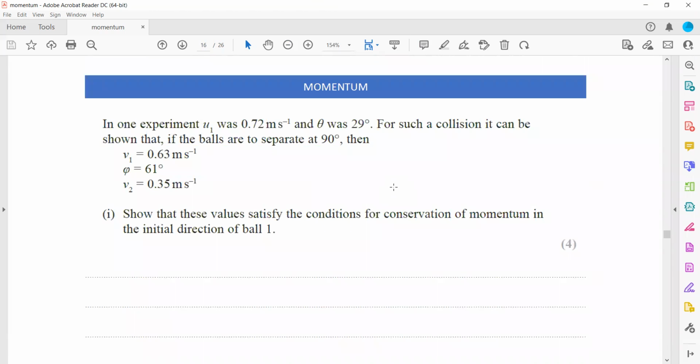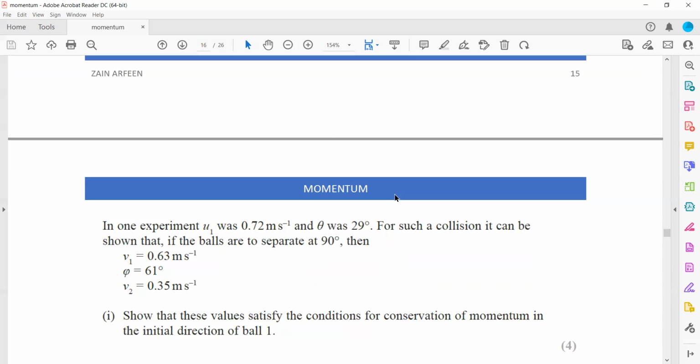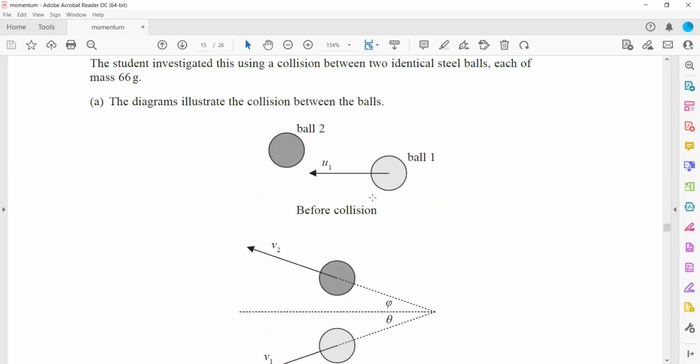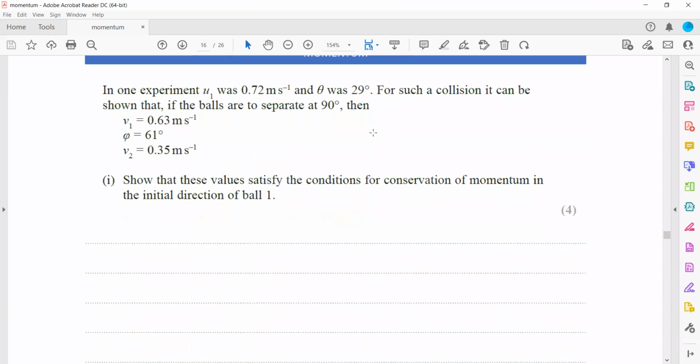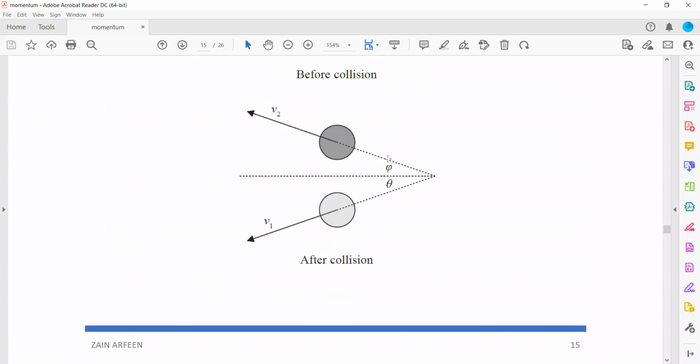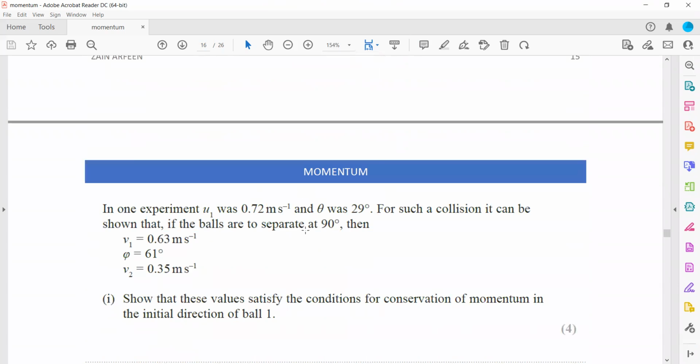In one experiment, the initial velocity was 0.72 and the angle was 29. For a collision, it can be shown that if the balls are separated at an angle of 90, then these values satisfy the conservation of momentum in the initial direction of ball 1. The initial direction of ball 1 means the x direction. We have to take the conservation of momentum in the x direction.